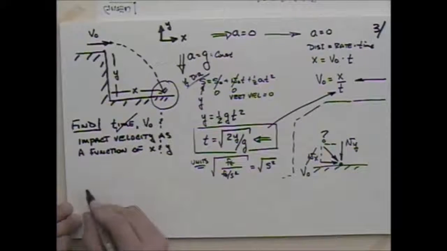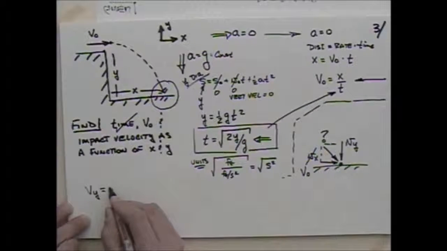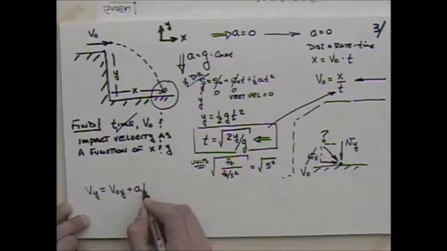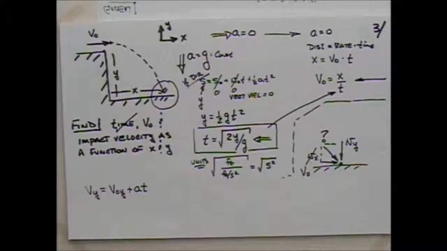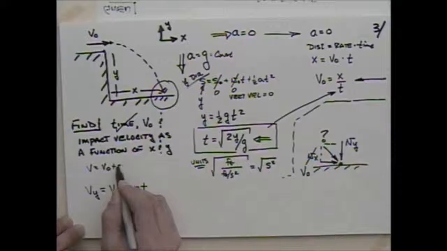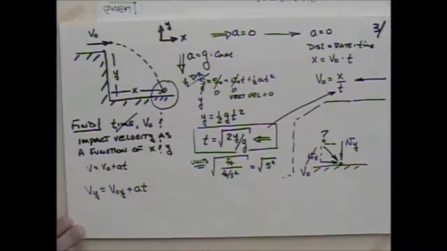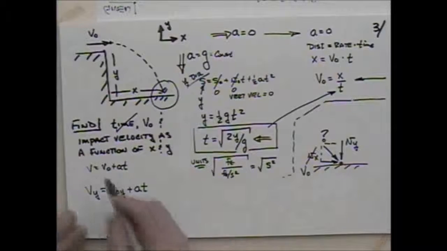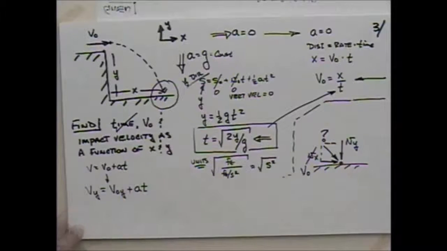Well, I could say that Vy is equal to V naught y plus AT, right? Didn't we have that V is equal to V naught plus AT? Wasn't that one of our equations from last time? So I could take that then and give it the subscripts that match our problem. So Vy is equal to V naught y plus AT.